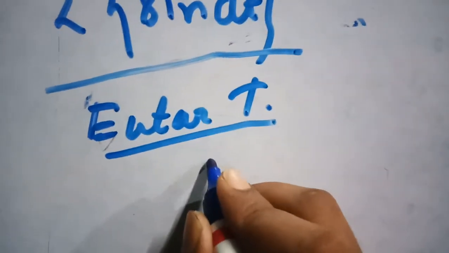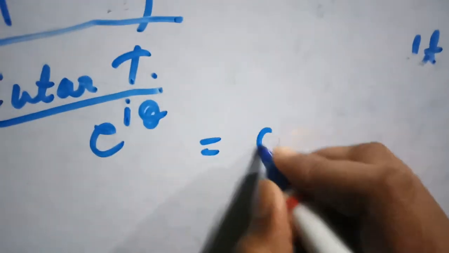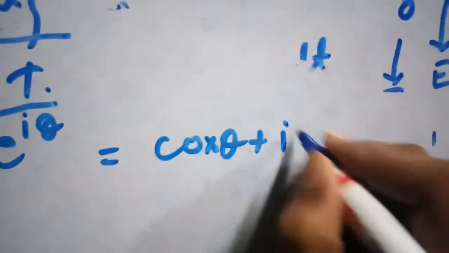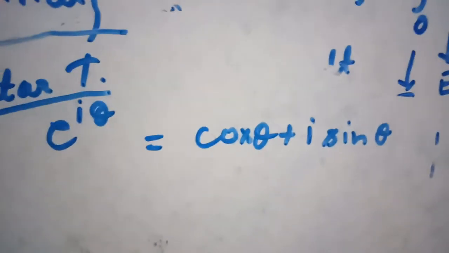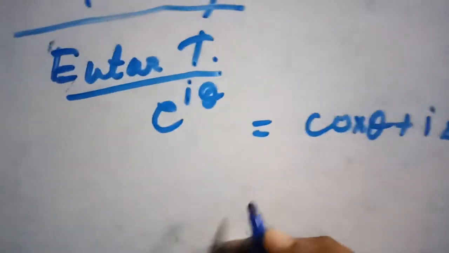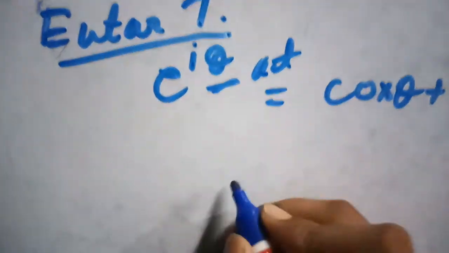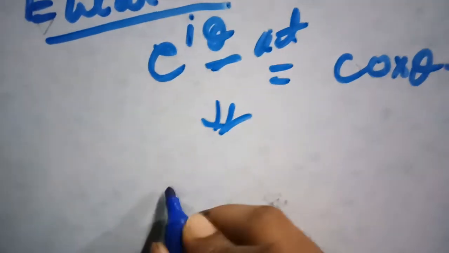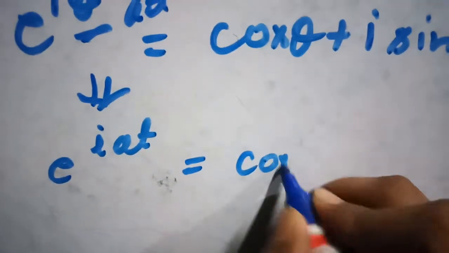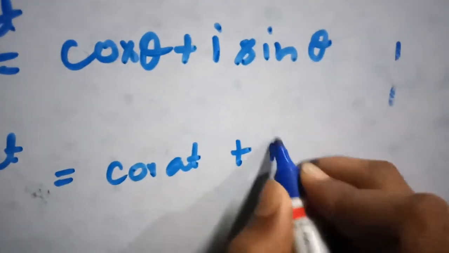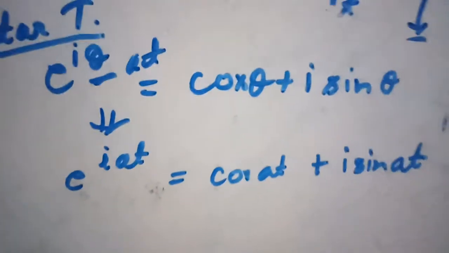By using this, we know that e to the power i theta is equal to cos theta plus i sin theta. Here the cos theta is the real part and i sin theta is the imaginary part. Now we can change this theta with at, that is, e to the power i at equals cos at plus i sin at.